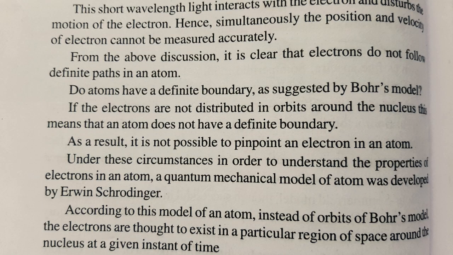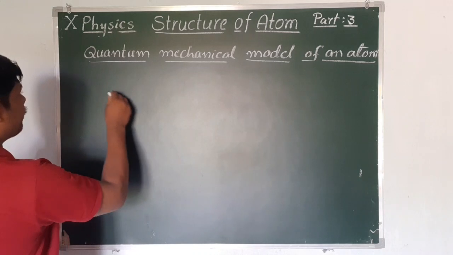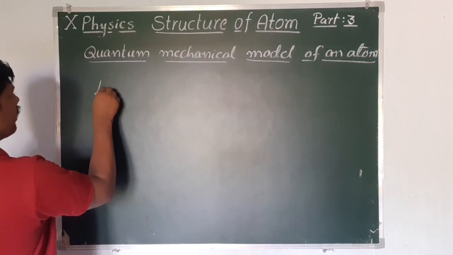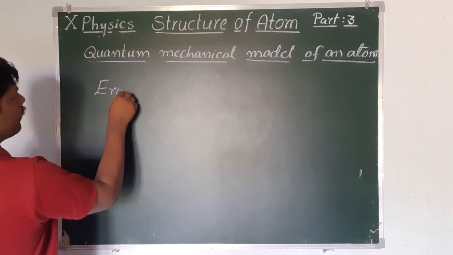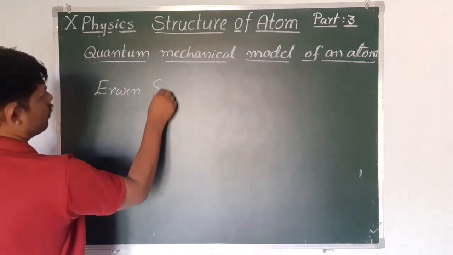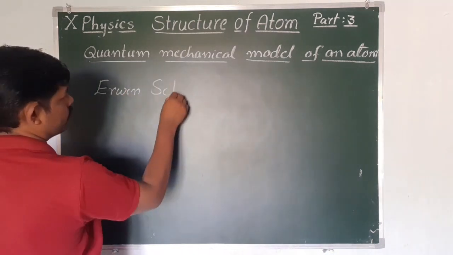Under these circumstances, in order to understand the properties of electrons in an atom, a quantum mechanical model of an atom was developed by Erwin Schrödinger.